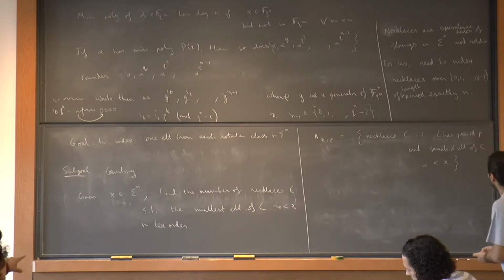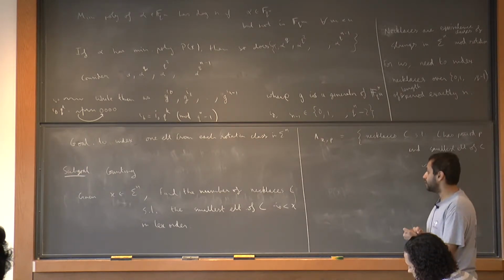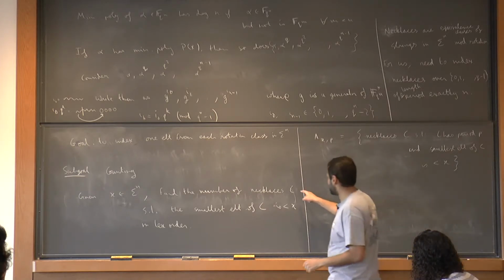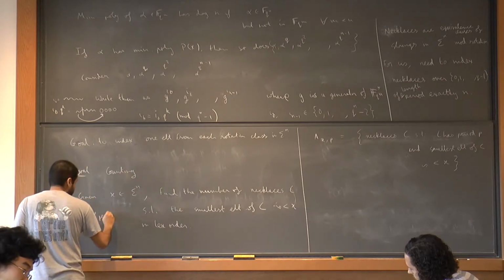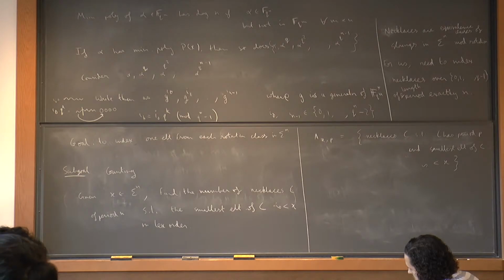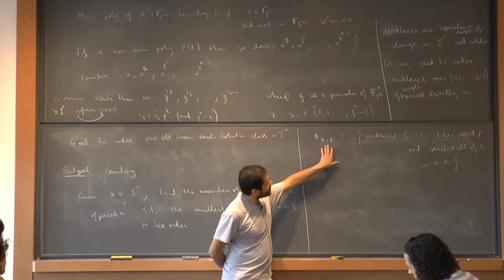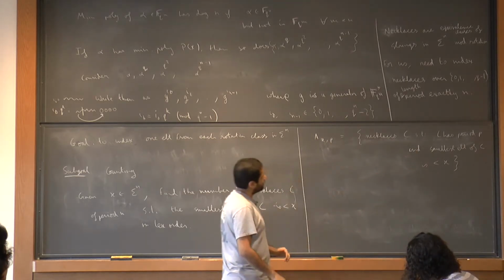That's a good start. So in this count, you want to count only period n, for the algorithm that you said before? Oh, right, good. Find the number of necklaces C of size n, of period n. Good. So we let A_{x,p} be the necklaces C so that C has period p and the smallest element is less than x.